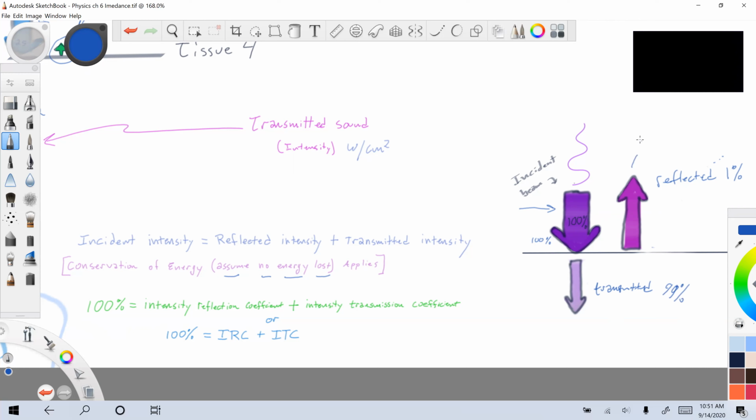This would produce an echo, but it'd be weak. A weak echo. In other words, this would be hypoechoic, we'll just call it hypoechoic.